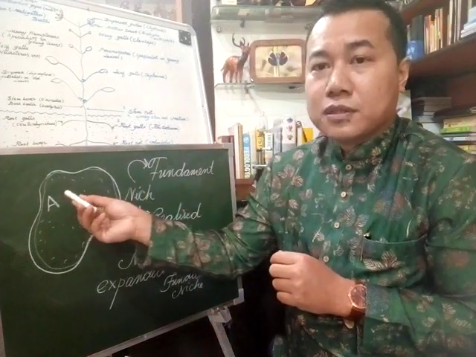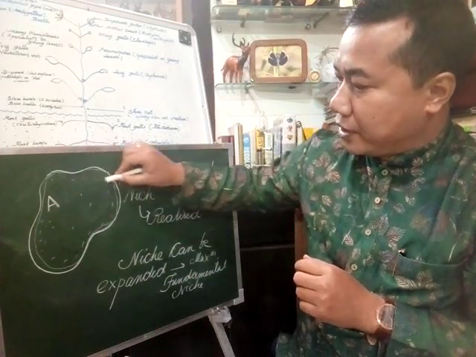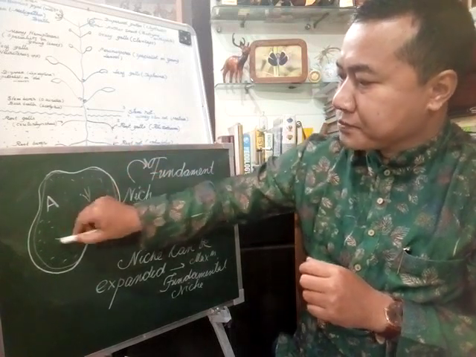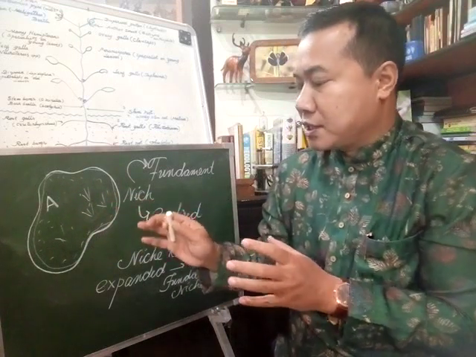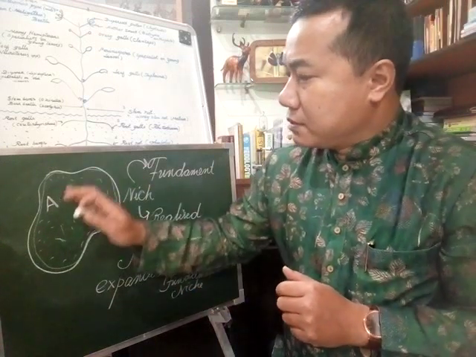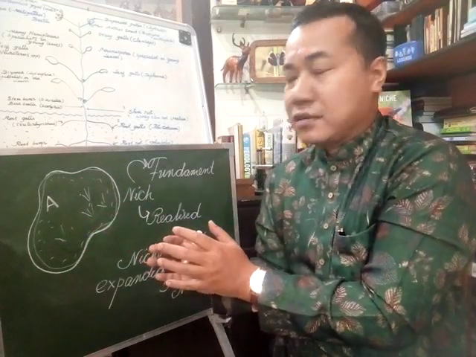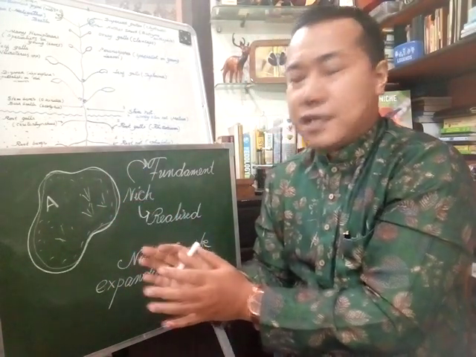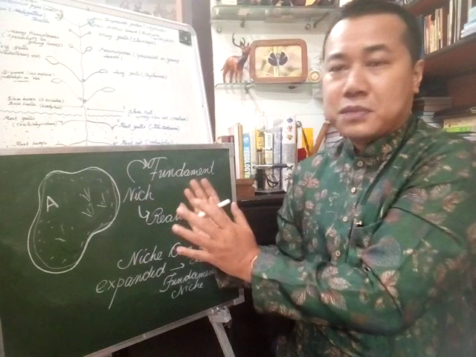So a particular organism called the species A individual can go to every region of this grassland to exploit the food items, right? So this is the maximum size of the range at which this organism will be able to collect its food item. So the maximum size of the niche that an organism can attain when there are no predators, when the environment is ideal and the competition is very, very less, is what is called the fundamental niche.